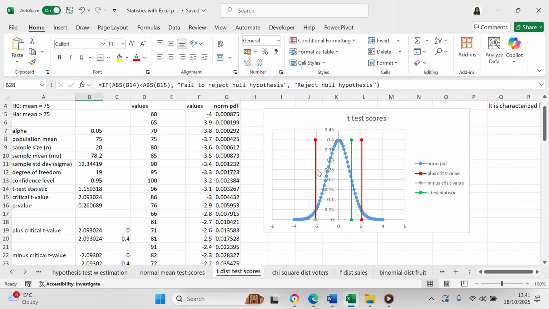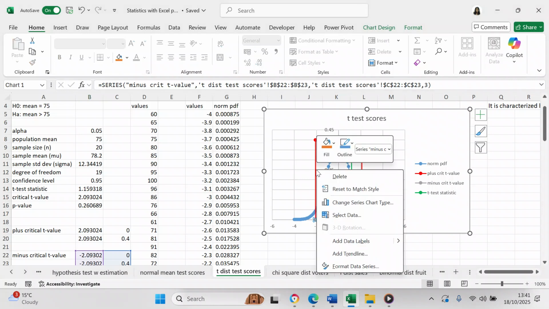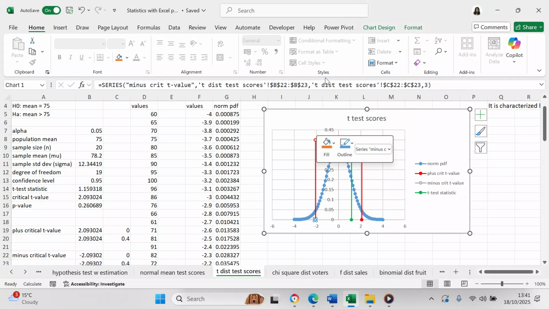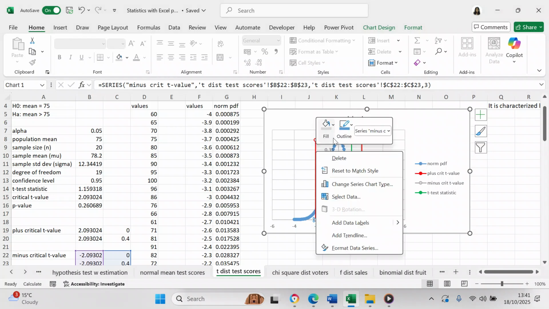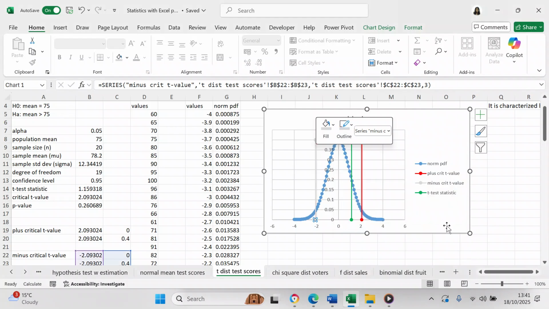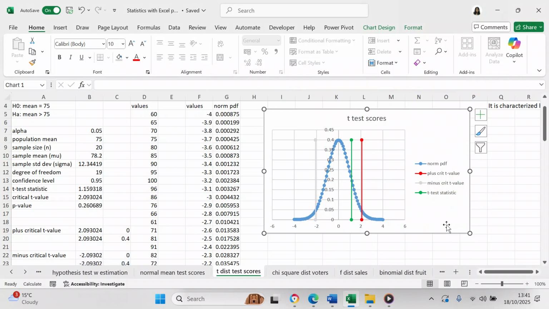So, but we can do this. So there we go. Now we've got it as gray.